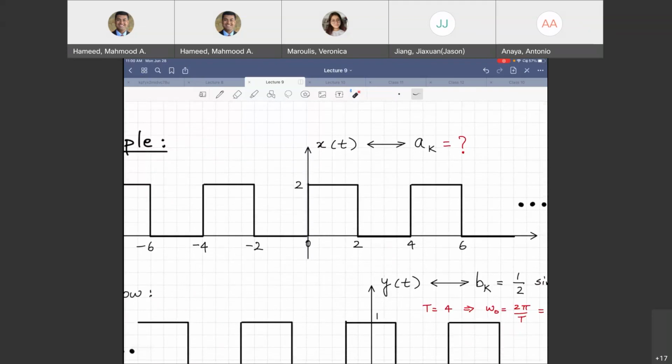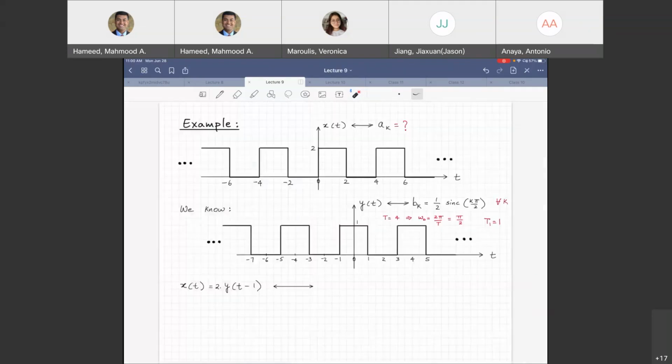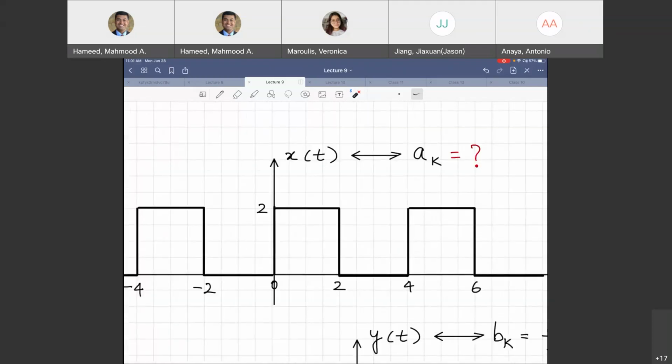One, it is not centered at 0, which was the case with our standard result. And there is a small problem: the amplitude is 2 instead of being 1. So let me write it out. That's our goal. This is a periodic signal. Amplitude is 2, and it is on from 0 to 2 and so on.